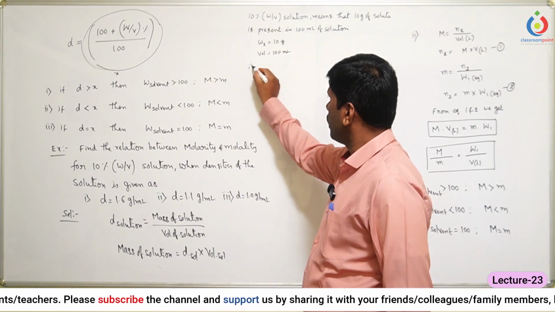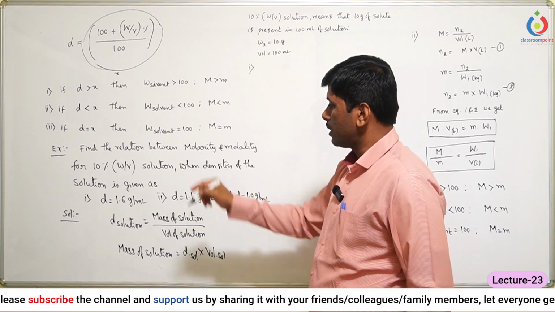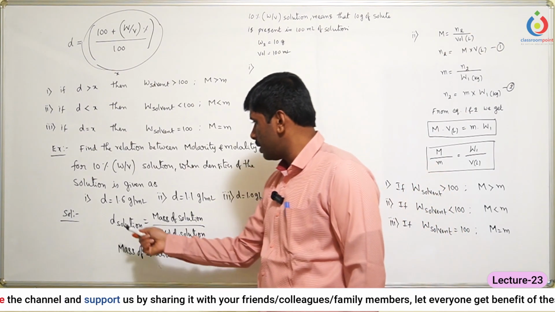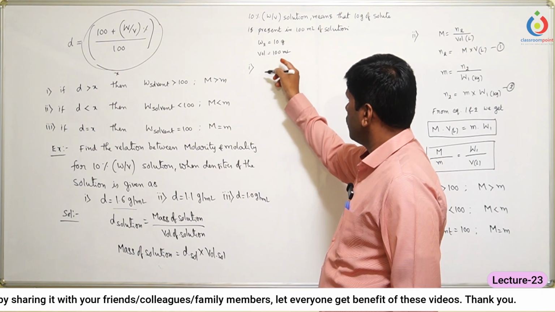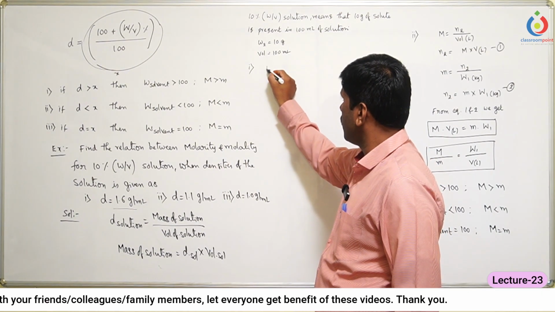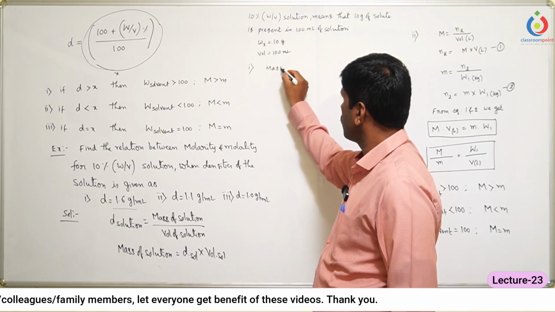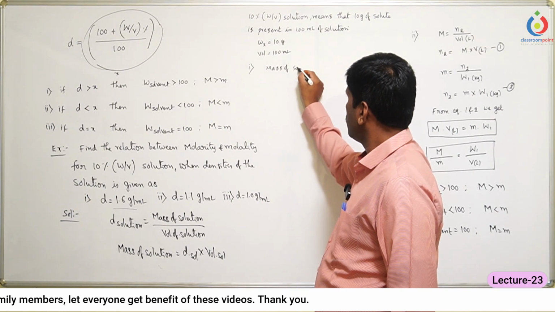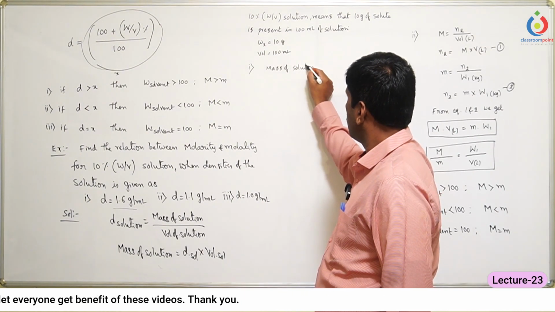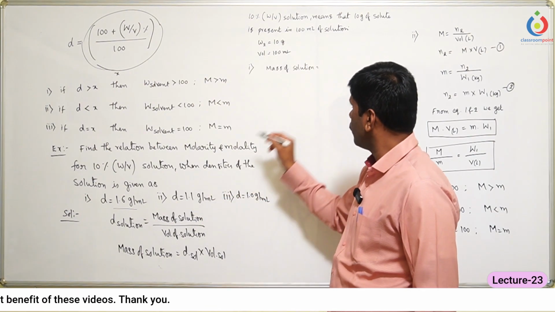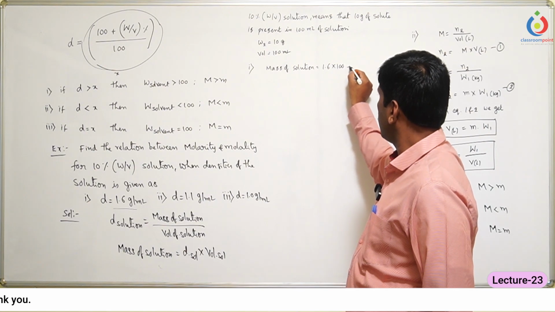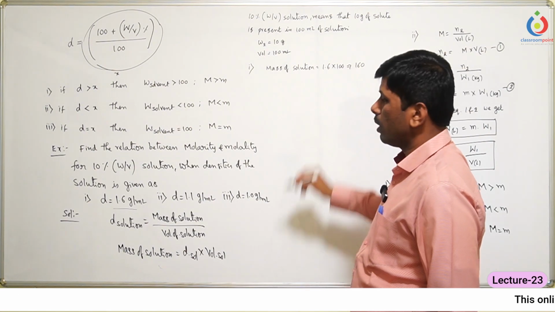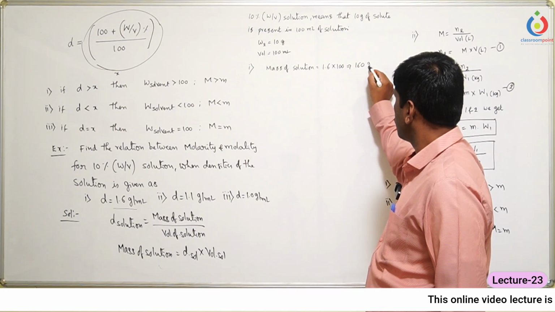Now let us take the conditions one by one. In the first condition, density is 1.6 grams per ml and volume of the solution is 100 ml. So in the first condition, mass of the solution is density 1.6 into volume 100, which equals 160 grams.